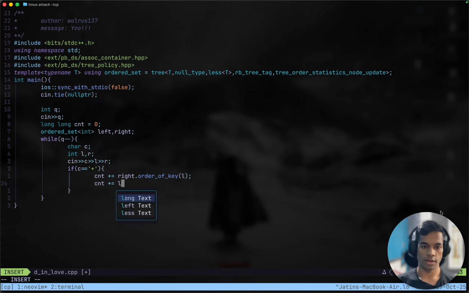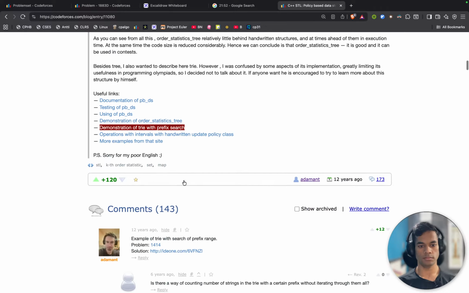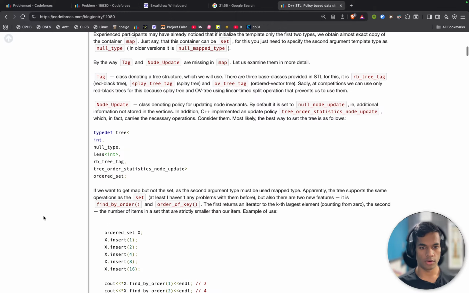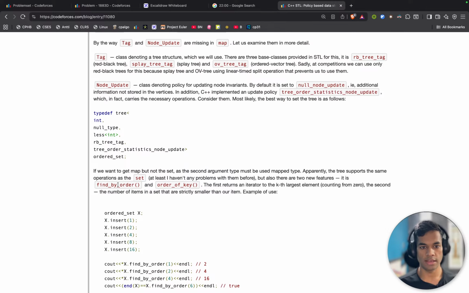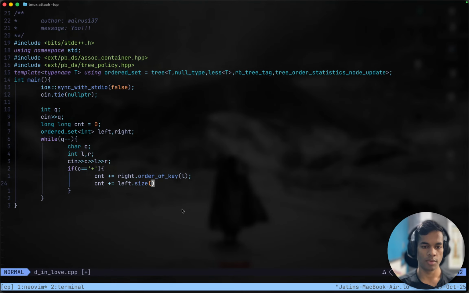So on the left, we have left dot size. I think we can call size on this. Yeah, we should be able to call size.